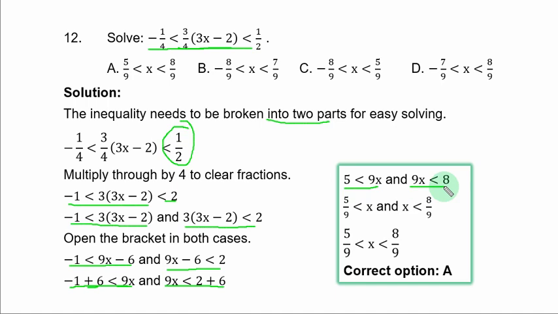Divide through by 9 in both cases. You have 5 over 9 less than s, and s is less than 8 over 9. What you do again is to combine the solution set. If you combine them, you have 5 over 9 less than s less than 8 over 9. A is the correct option.